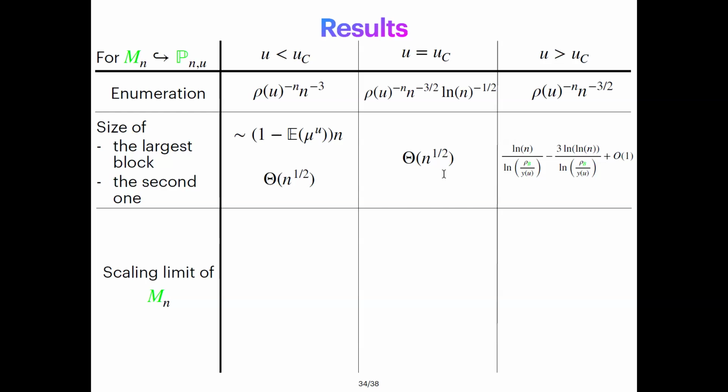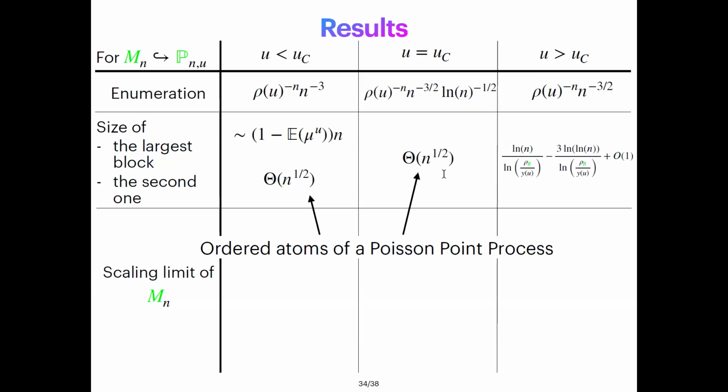It's, in fact, a bit different from what we had in the non-tree-rooted case, because these two situations are defined by ordered atoms of a Poisson point process, which was not the case in the critical case for non-tree-rooted maps.